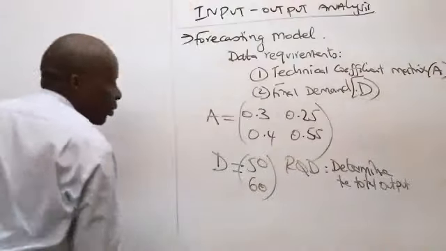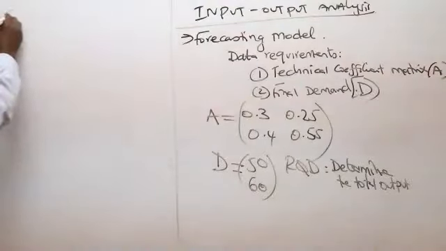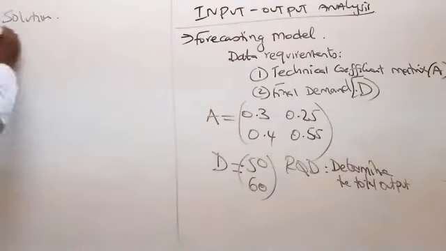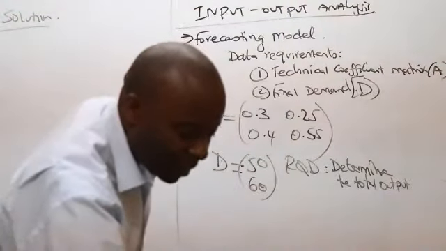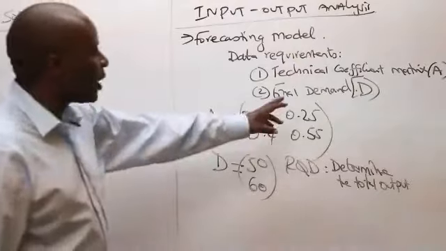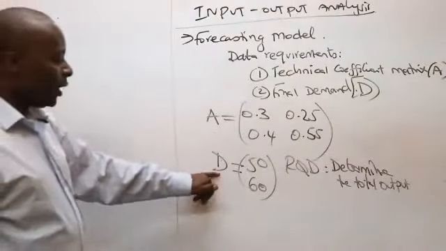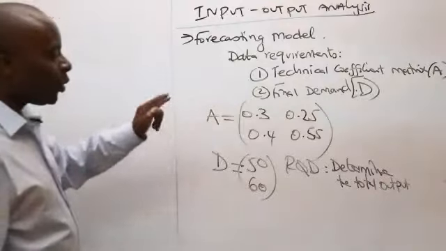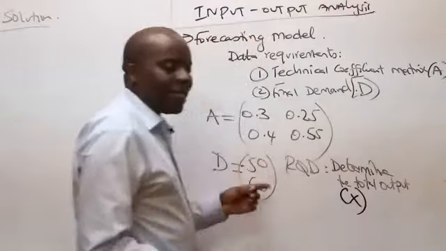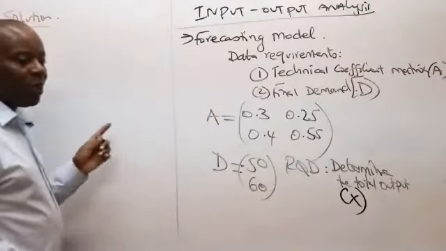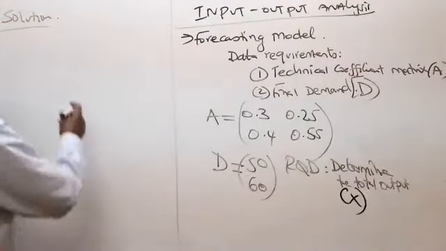Mention their solution. Ladies and gentlemen, whenever you are given the technical coefficients matrix A, and they have given you D, and they want you to calculate the total output, which is our unknown X, this is what we shall be doing.